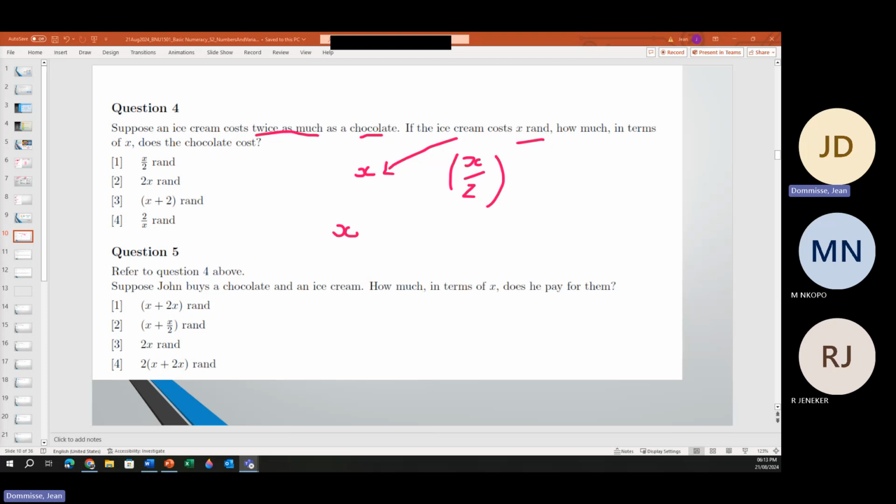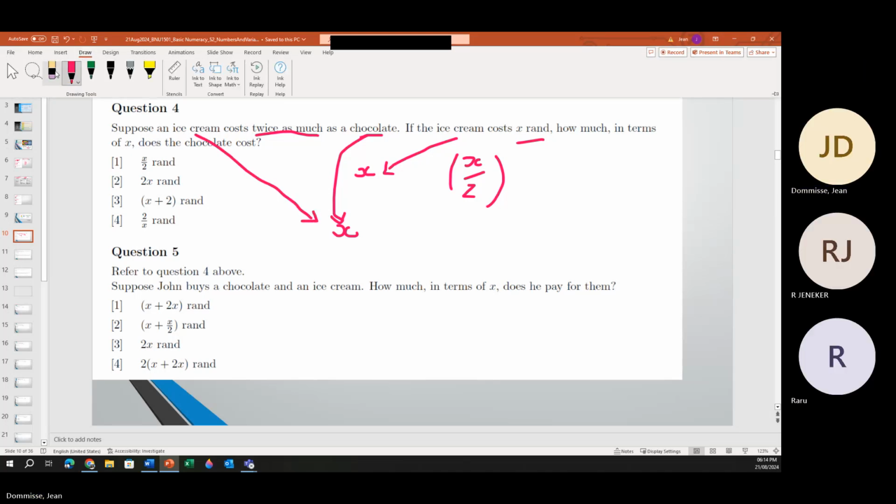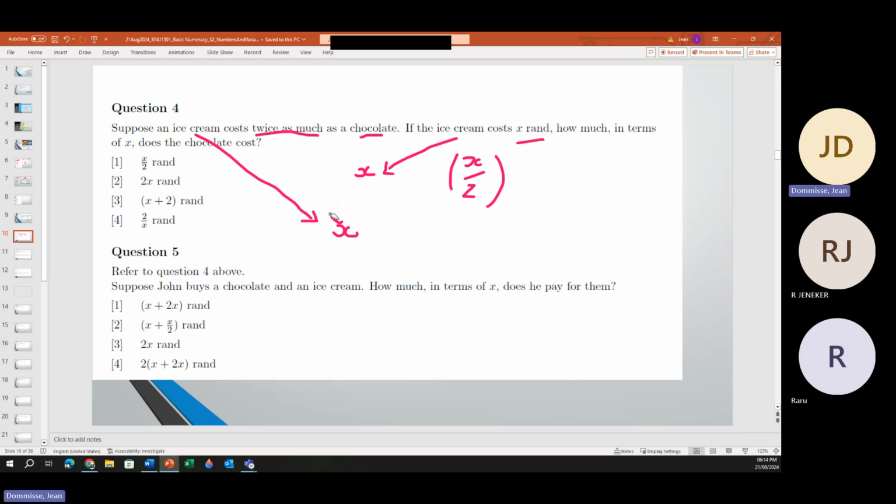Recordings will be available. Okay, so in this one, what we need to work out is they tell us that suppose an ice cream costs twice as much as a chocolate, and the ice cream is X. The way you can also look at it is to give it a number.